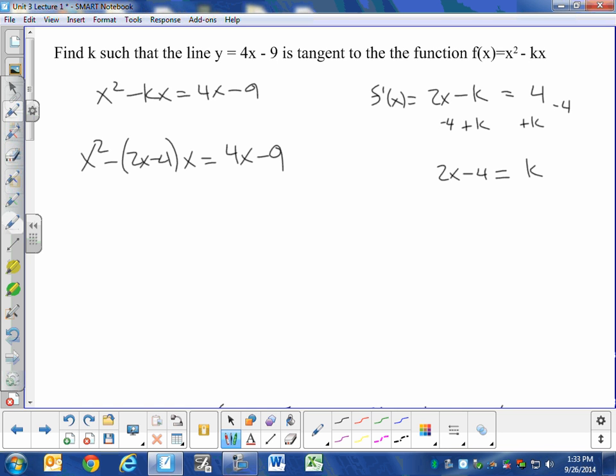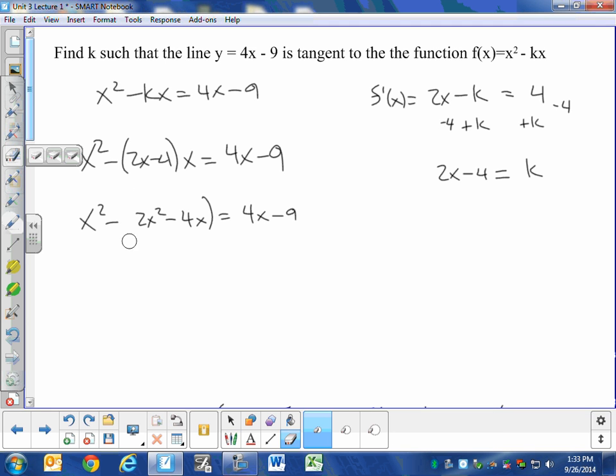And hopefully once I find x, I will find k, because k has got to be equal to 2x minus 4. So I have x squared minus the quantity of 2x squared minus 4x, which is 4x minus 9.